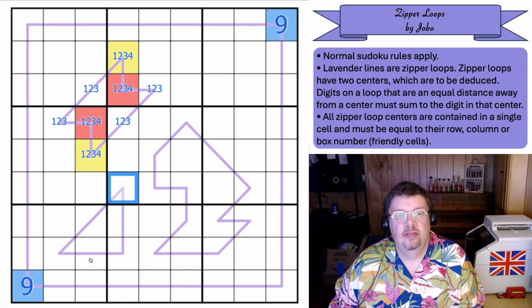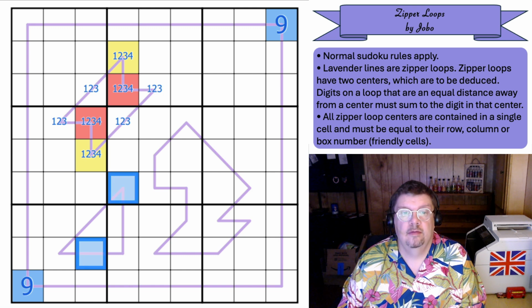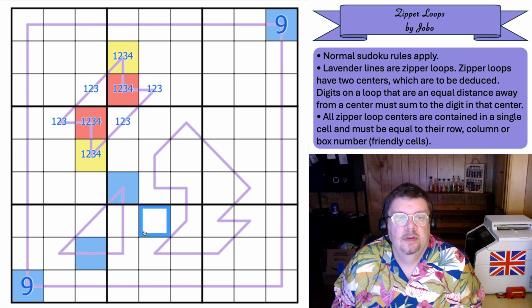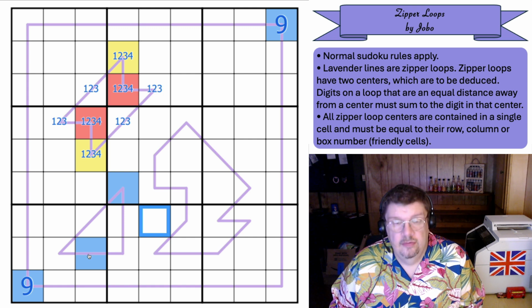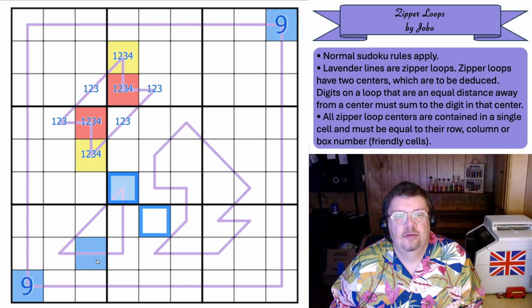Right, let's look at these two. Let's put in candidates there. This is row 6, column 4, box 5. So that's a 4, 5, or 6. That is 3, 8, and 7. None of those digits are in common. That's not a center.